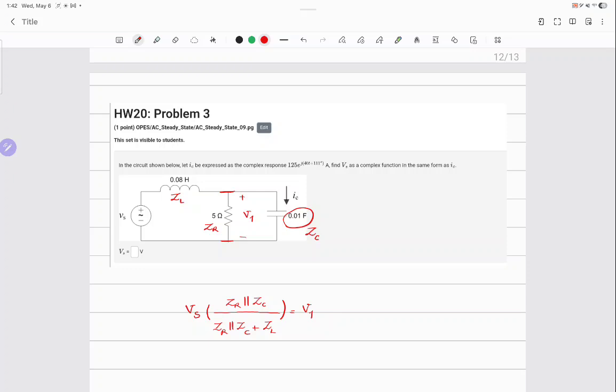I just wrote a voltage division equation. I'm treating both of these as ZR in parallel with ZC and doing a voltage division. Now, the only difference with the usual voltage division is that in this equation, you don't know Vs, you know V1. So just one equation, one unknown, you can do it, right?